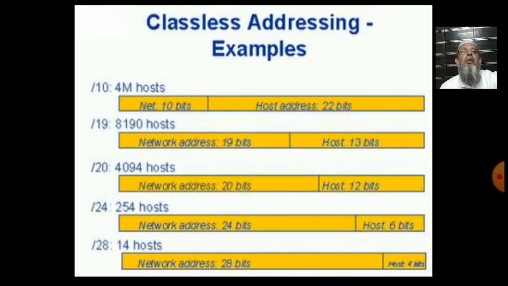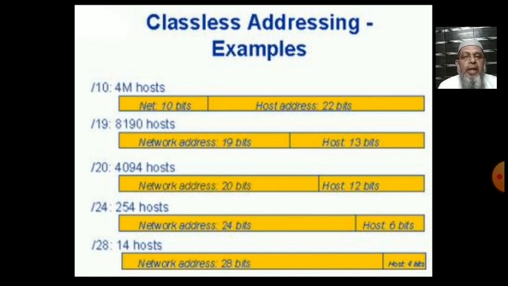Here is an example. If you have a /10 prefix, we have 4 million hosts. The number of network bits is 10 and the host bits will be 22, so 4 million hosts will be there. If you have 19 bits of network, then 8,190 hosts will be used per network, and the host bits will be 13.